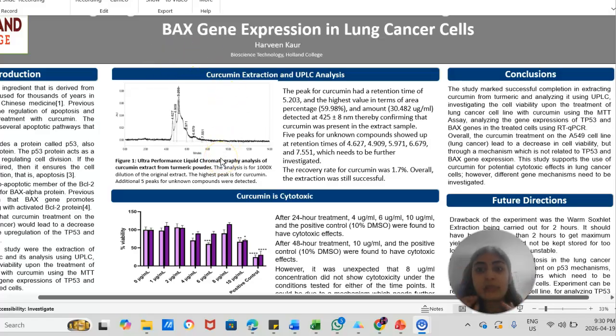It had the highest value in terms of area percentage, showing a good amount of curcumin was present in it. So the curcumin extraction was overall successful, but with a low recovery rate. I got a recovery rate of 1.7%. But still, we can say that the curcumin was extracted.